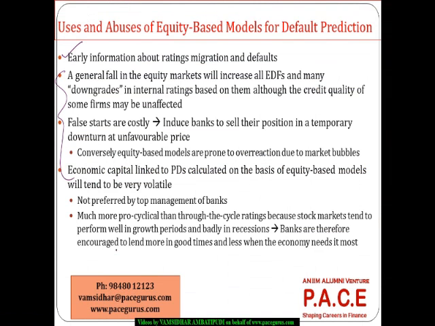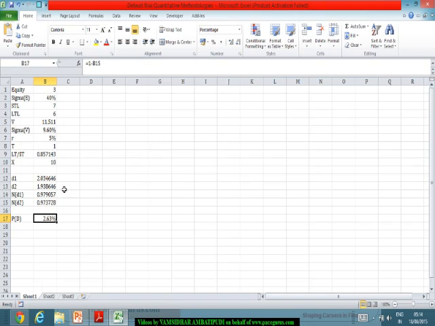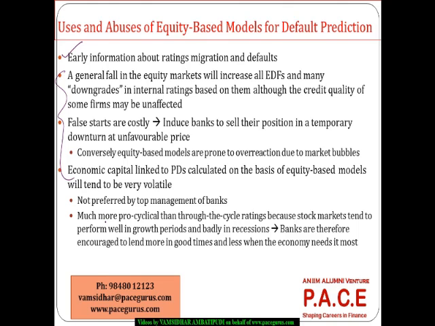Nothing has happened to the debt market. It's only a general fall in the equity market. But the expected default frequency is going to go up. Distance to default is coming down, so the expected default frequency is going to go up.